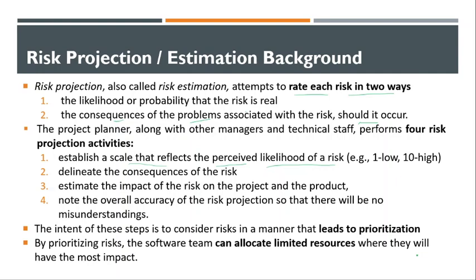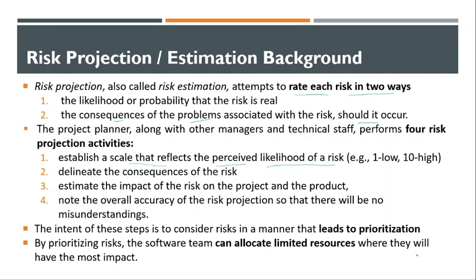The intent of this step is to consider risk in a manner that leads to prioritization. For example, there are 10 risks. Do we try to avoid all of those risks all the time? No, it's not like that.